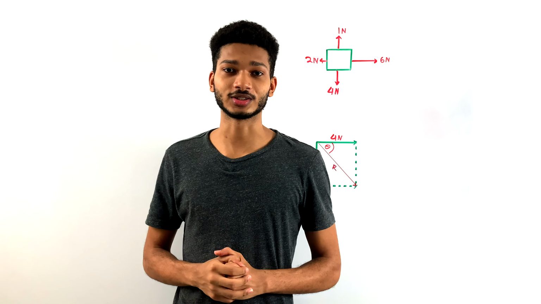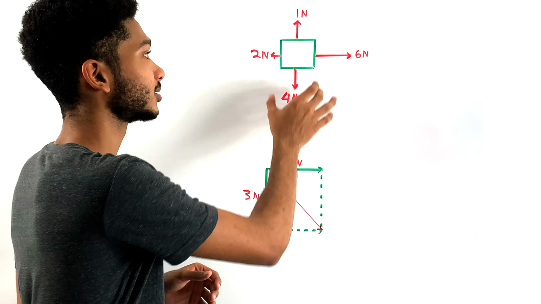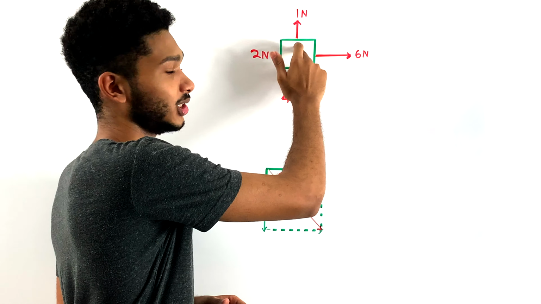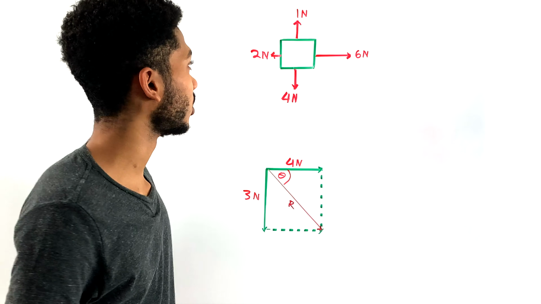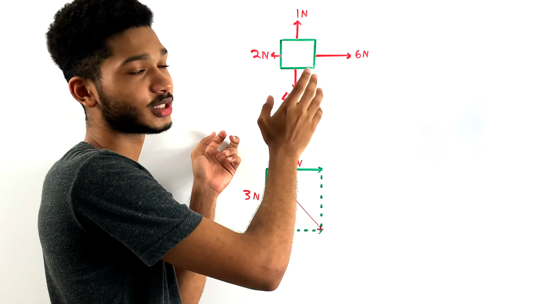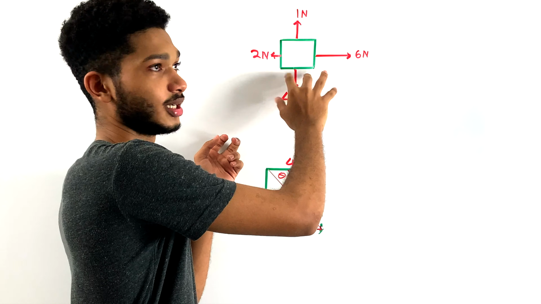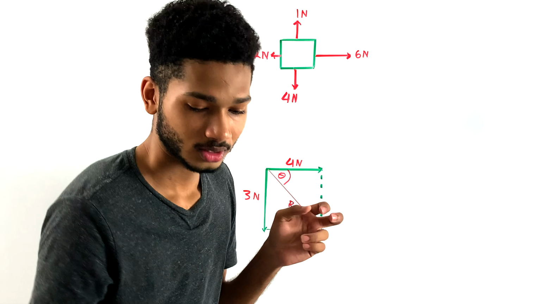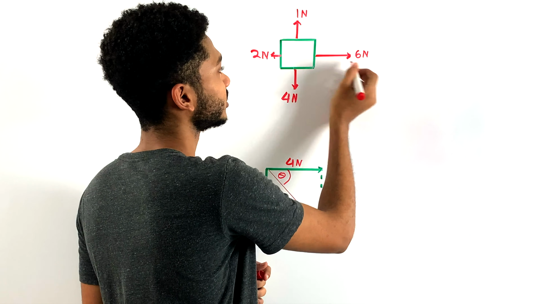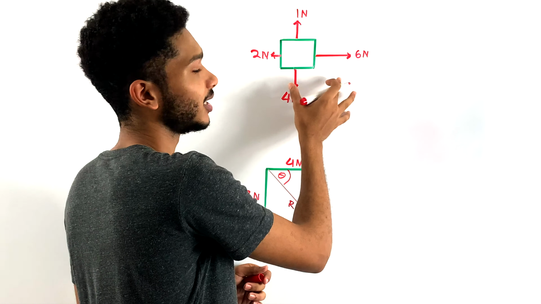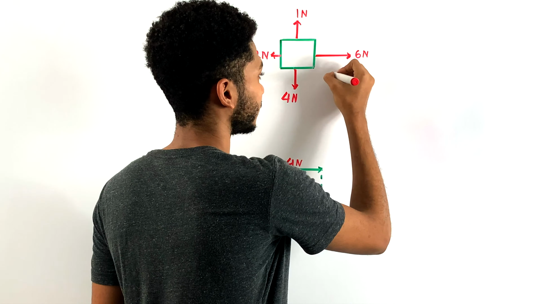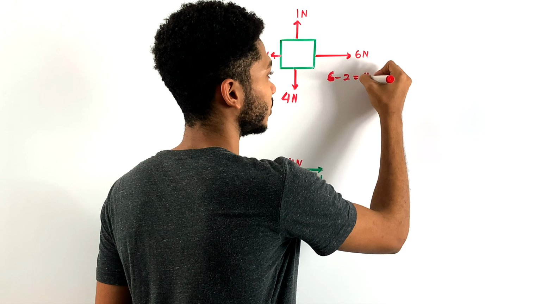Now perpendicular vectors. In the case of perpendicular vectors, as you can see, if you were to extrapolate, it would make a right angle. To find the resultant vector of perpendicular vectors, you find the resultant vector of the horizontals first, and then the verticals. So, finding the resultant of the horizontals, we'll have 6, and as we know about antiparallel vectors, minus 2, will be 4 newtons.